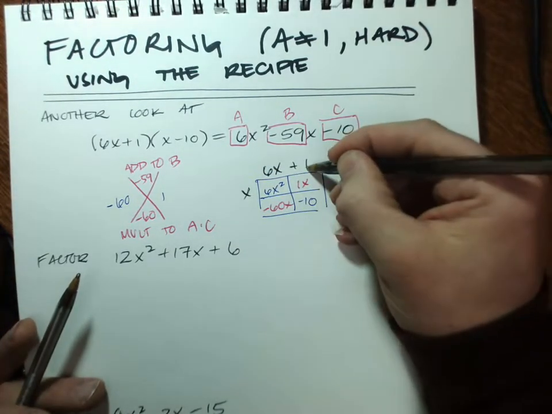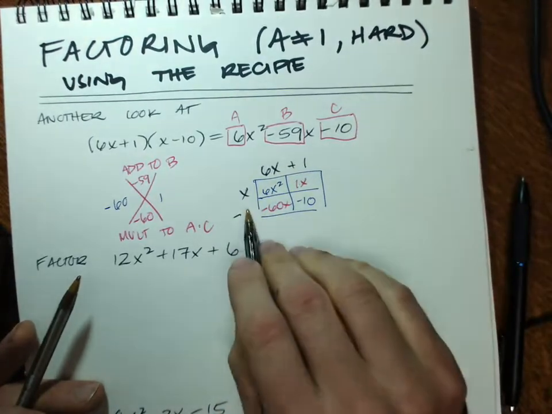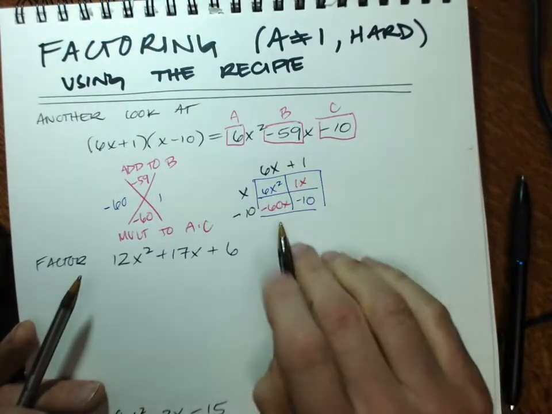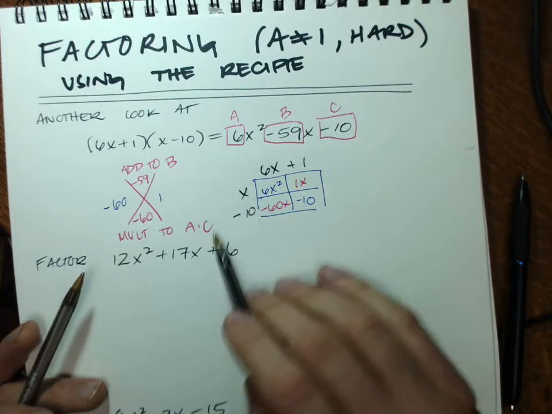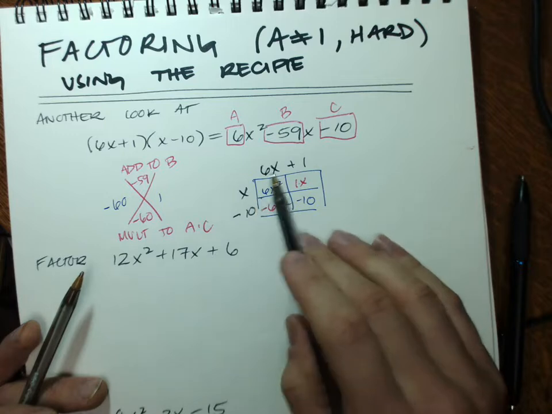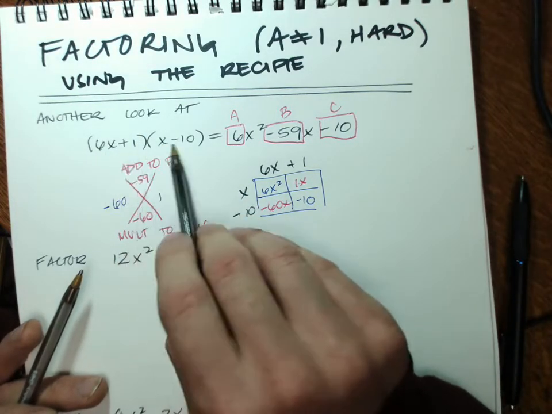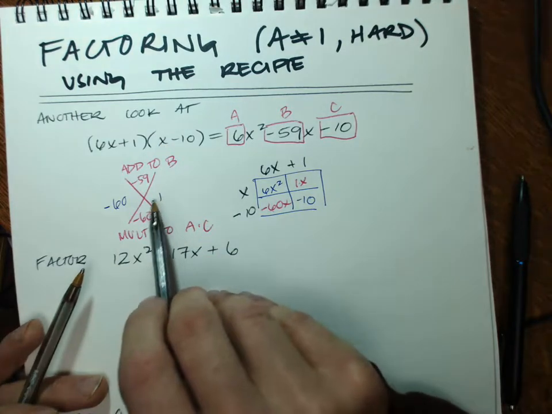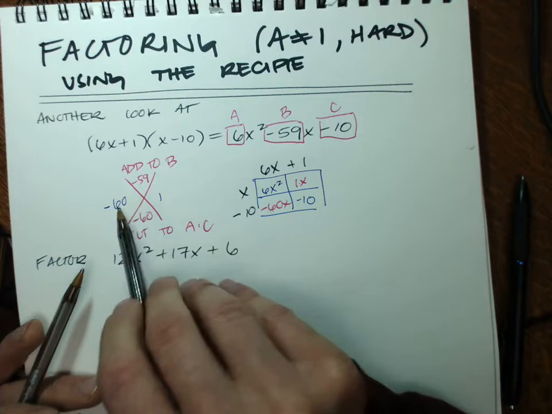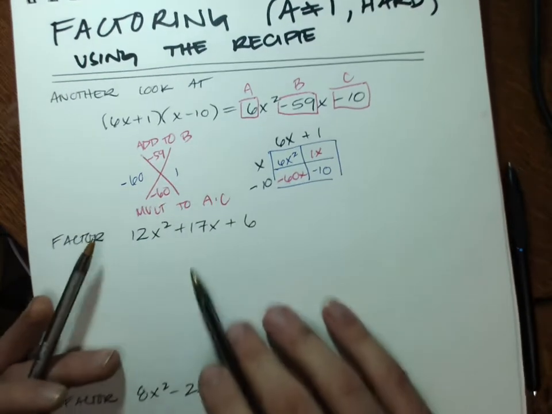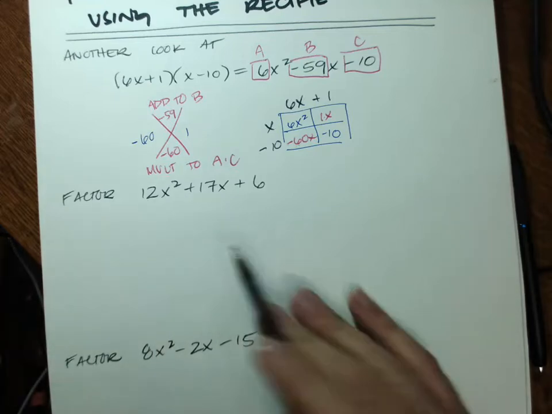If that's true, this is a plus 1 to get 1x and a minus 10 to get all of these numbers in the bottom row. So there's still a little bit of puzzling to figure out at that level, but those are the factors here. Notice the plus 1 and the minus 10 are not these numbers like they were in the easy problems. So let's go ahead and try that with the problems that we don't know the answers to.